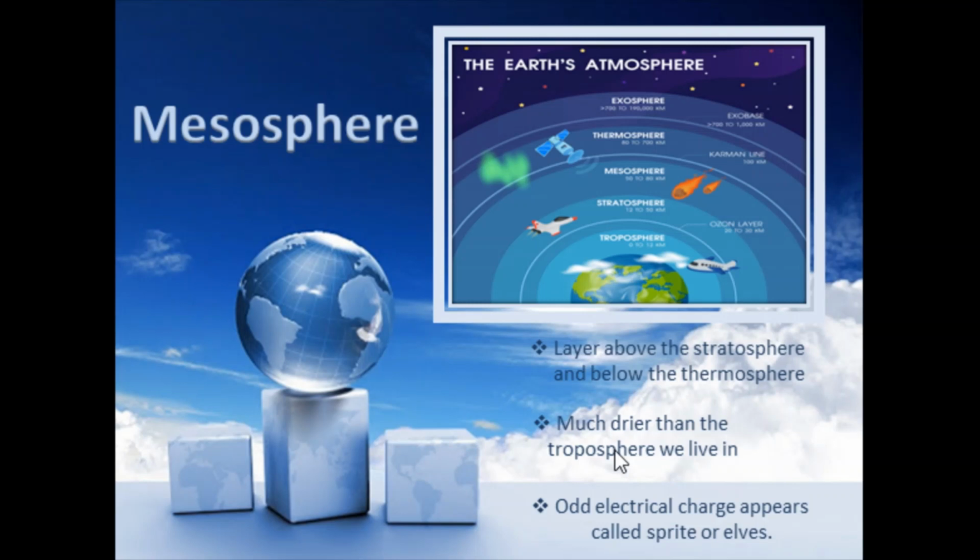It is also much drier than the troposphere. When we go up and up towards the atmosphere, the air becomes drier. Unlike in the troposphere, where the atmosphere is wet.